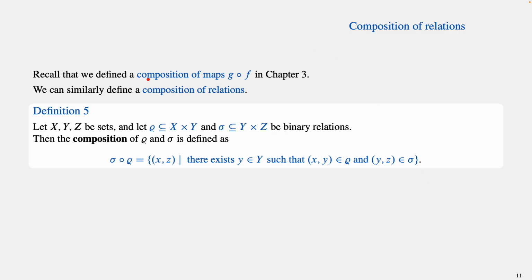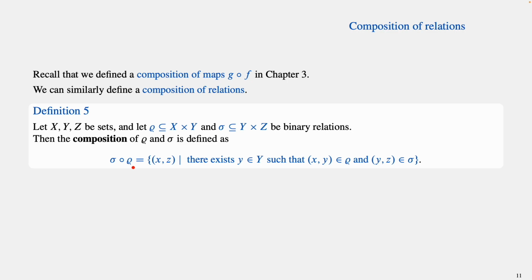Now we can compose maps between sets with one another, see chapter 3 of this course for that. And in a similar way, we can define composition of relations. So if X, Y, and Z are sets, and rho is a relation between X and Y, and sigma is a relation between Y and Z, then we can define the composition of these two relations, rho and sigma, as follows.